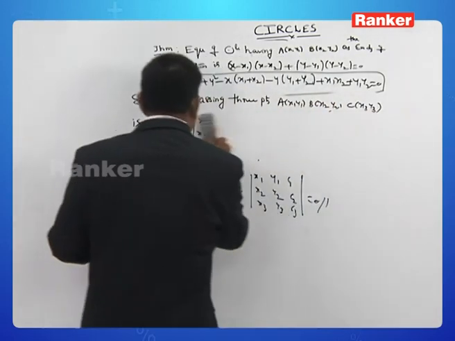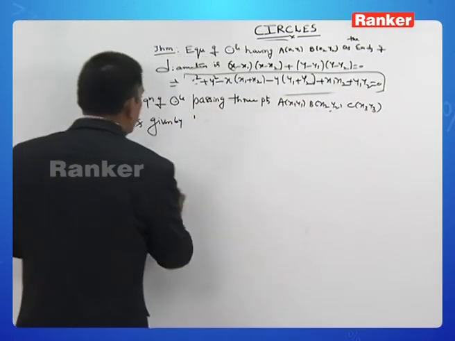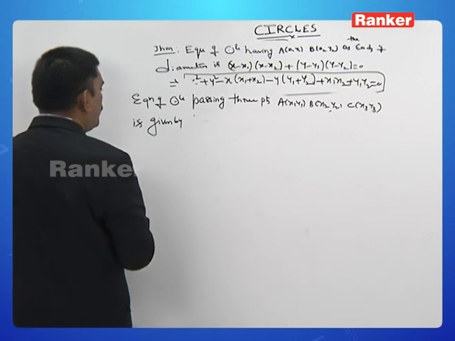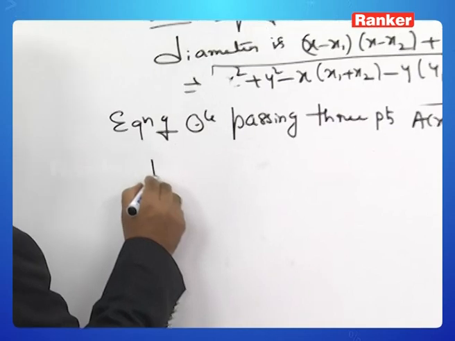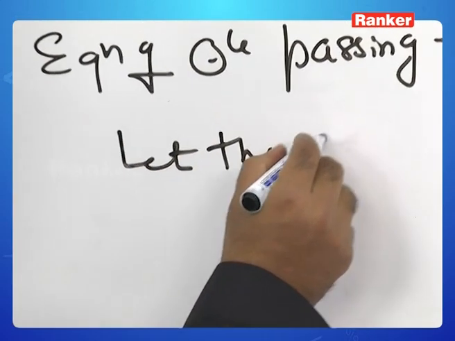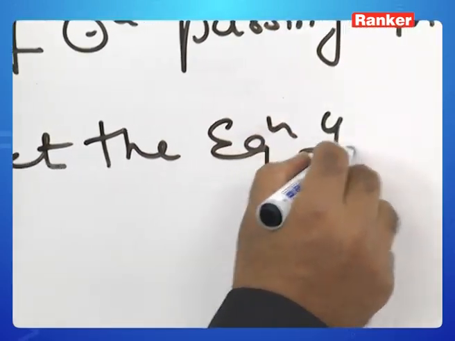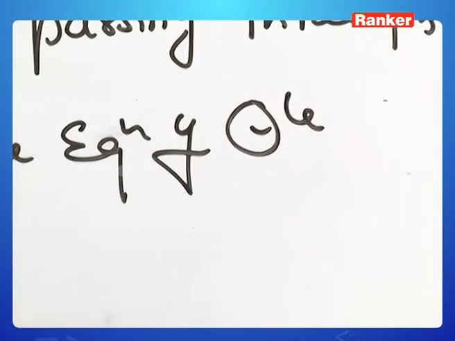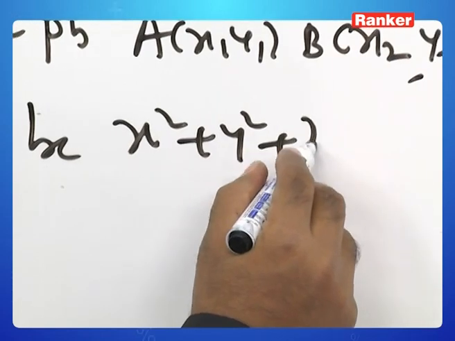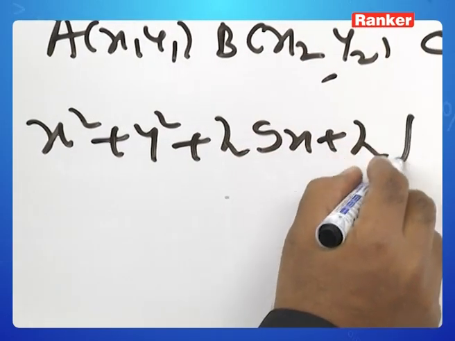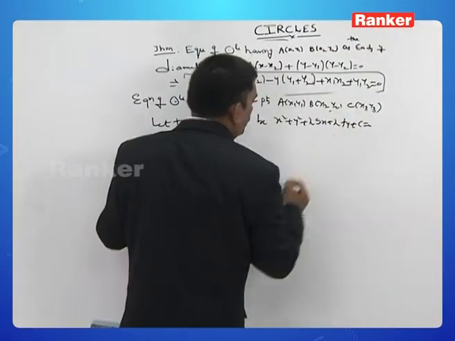Now, when the 3 points are given, this is one method. The other method, what I told just now, is also there. Yes, now first consider, this is the second method. Let the equation of the circle be x square plus y square plus 2gx plus 2fy plus c is equal to 0.